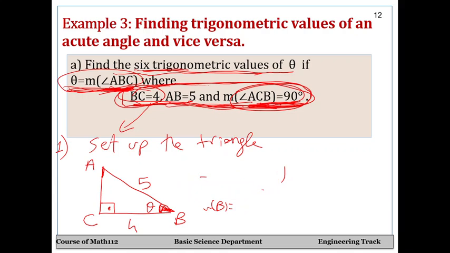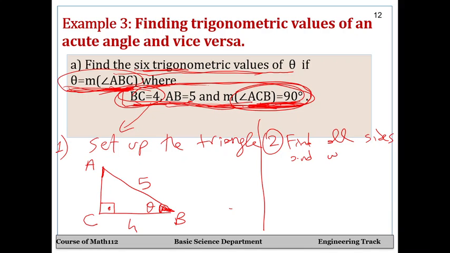Now we set up the triangle. Then the second thing is, okay, find all sides and then write trigonometric values. Now, is one of the sides missing? Yes, AC is missing.